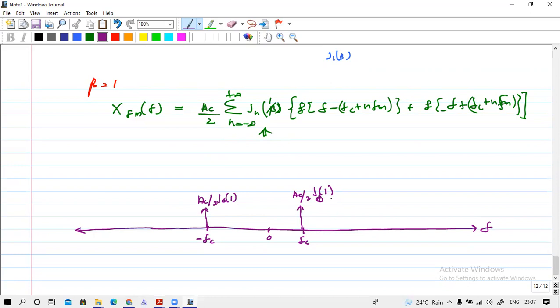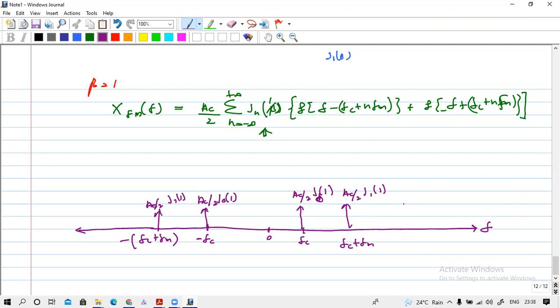Okay, so if I select plus 1, here we have fc plus fm, and here we have (Ac/2) J1(1), okay, and here also you have (Ac/2) J1(1). This is for fc plus fm, but minus, okay.